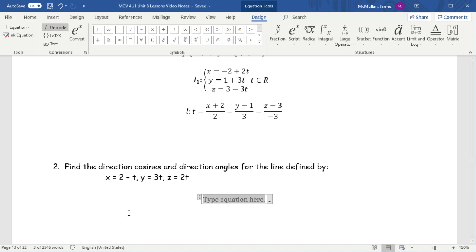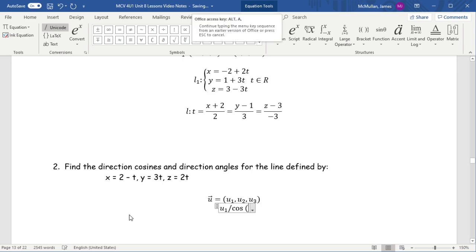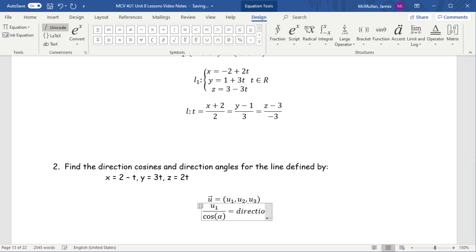What we said back in the previous unit was u vector equals (u1, u2, u3), so a vector has 3 components, and u1 over the magnitude of u is equal to cos alpha, the angle the vector makes with the positive x-axis.